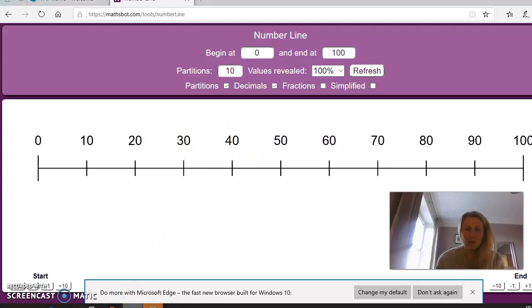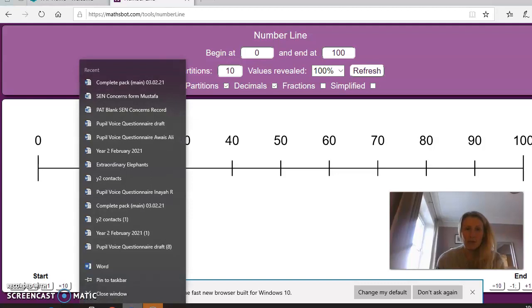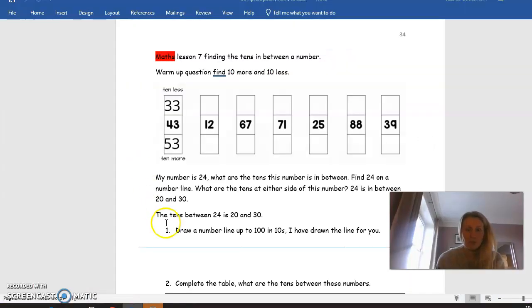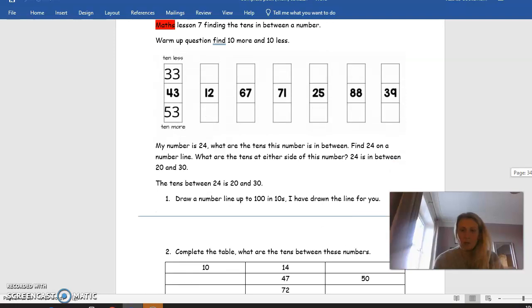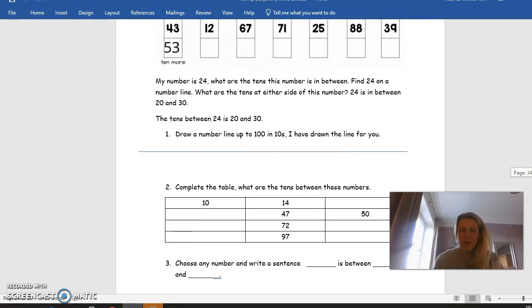So let's have a look at our questions now. Draw a number line up to 100 in tens. You can draw that number line like we have just seen. Then I would like you to find the tens between these numbers.